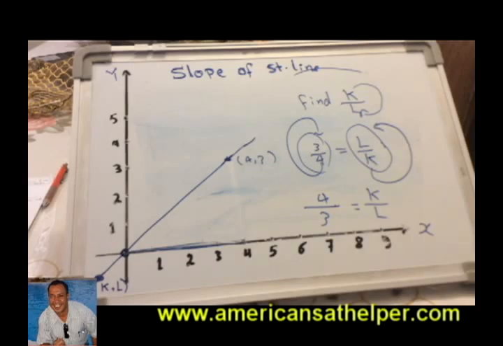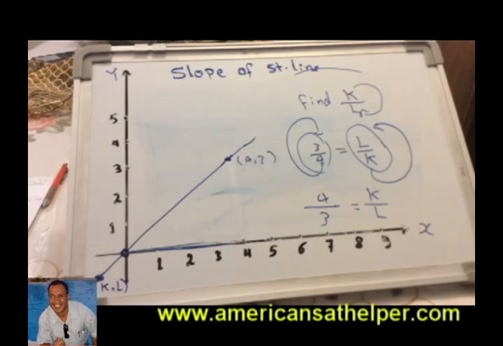So in this video, you learned how to find the value of the slope in the graph. Again, the slope equals a change in y over a change in x, equals rise over run, equals delta y over delta x.